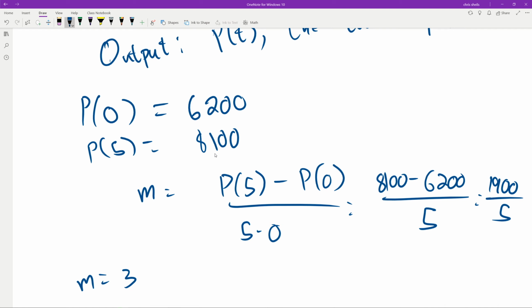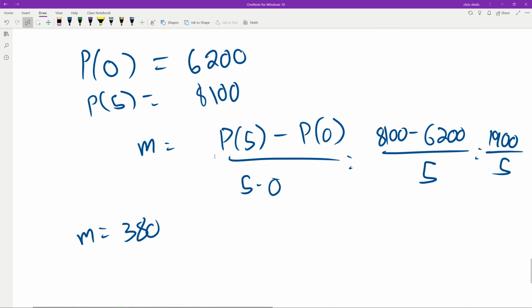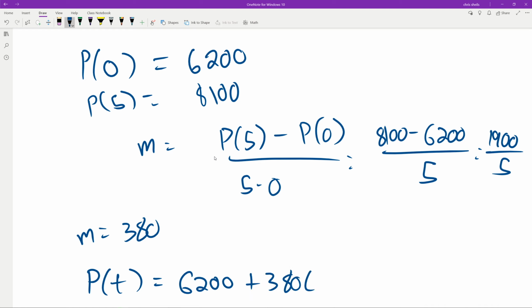So M is 380. And I have that P of 0 is 6,200. So my initial value here is 6,200. This means that my equation that represents the linear model of the population of this town is P of t equals 6,200 plus 380t.